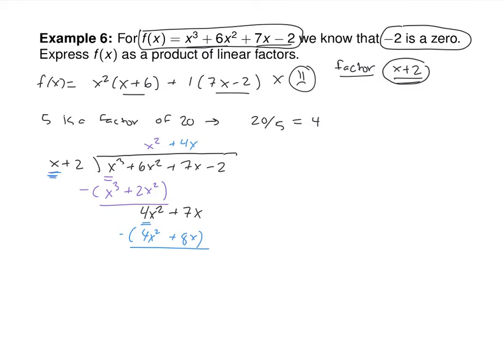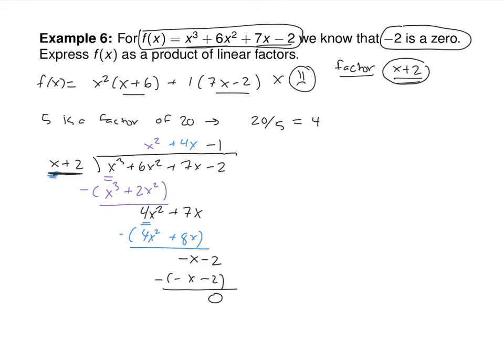So the 4x squareds cancel. What's 7x minus 8x? Minus x. Minus 2. And then what do you multiply x plus 2 by to make it match minus x minus 2? Minus 1. Take it away and you get a remainder of 0, right?